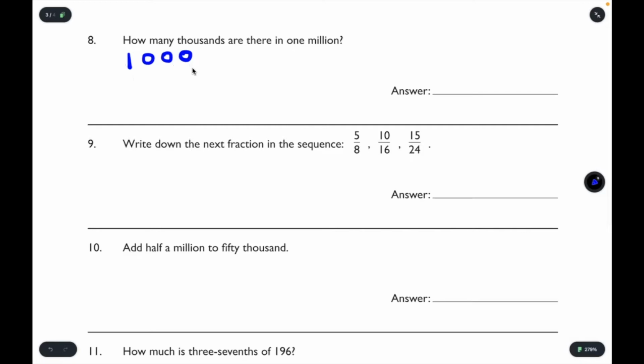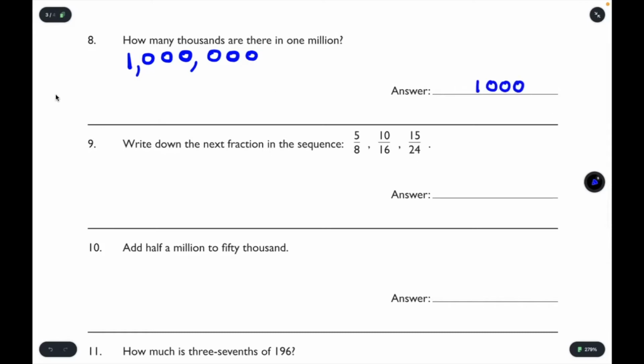Now, how many zeros do you need in order to make a number a million? You need 6 zeros. When we have 3 zeros, then this would have been 1,000. So if we've got another 3 zeros here, that means it's 1,000 times as big as 1,000. So there are 1,000 thousands in a million.